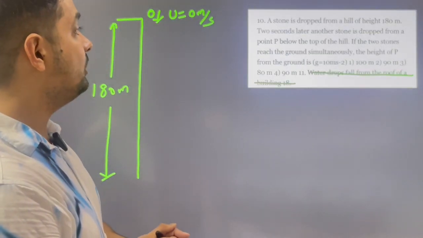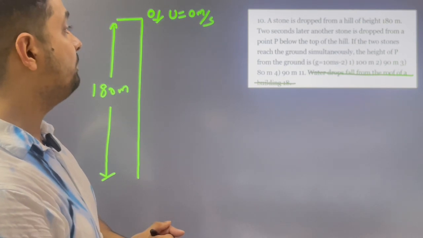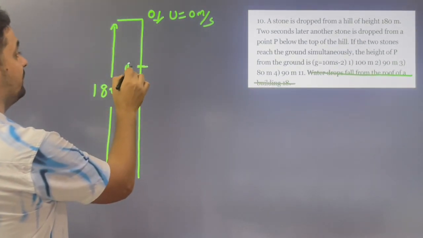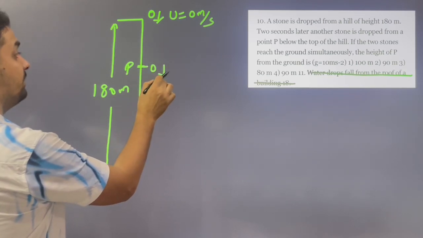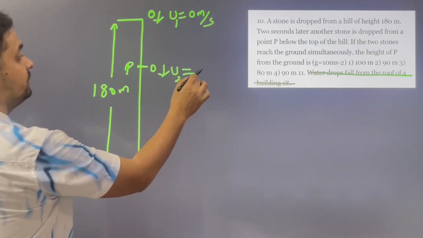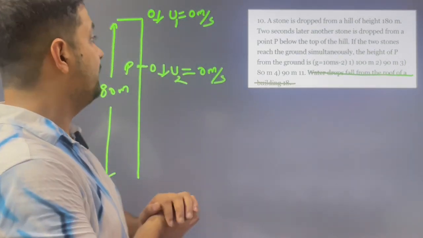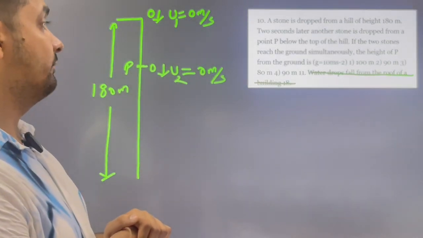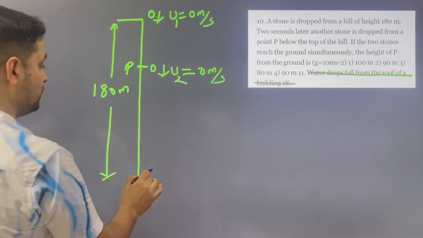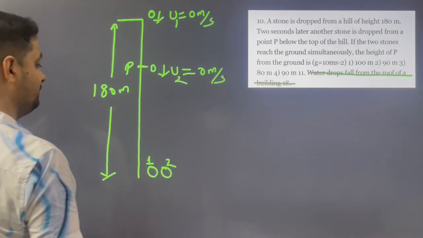Now the next stone is dropped from a point P below the top of the hill. This is the point P and it is dropped here. That means the initial velocity u2 is also 0 meter per second. If the two stones reach the ground together, it means the time at which the first stone reaches, the second stone reaches at the same time.